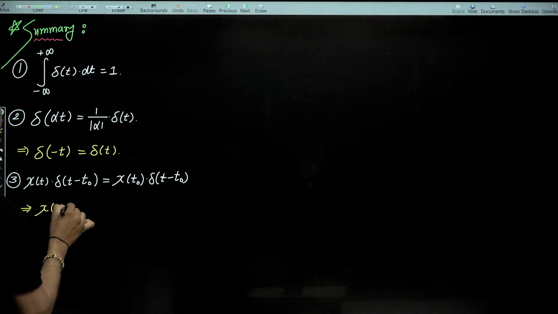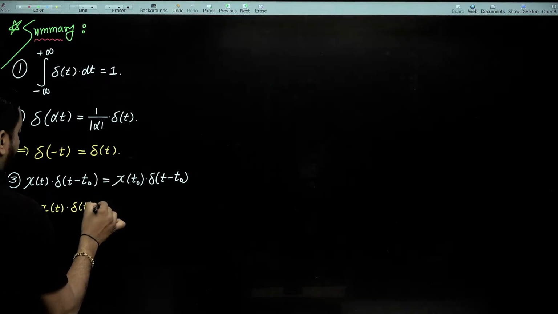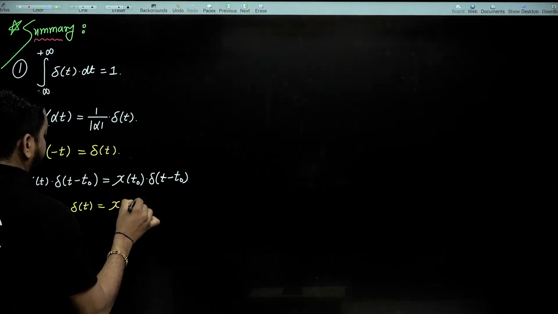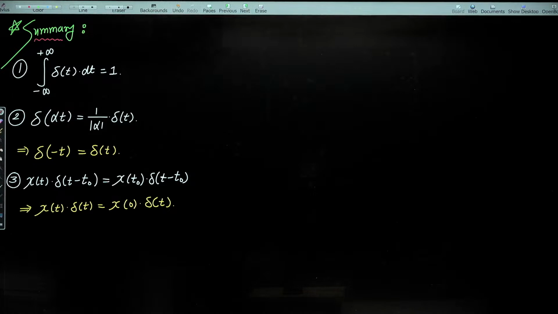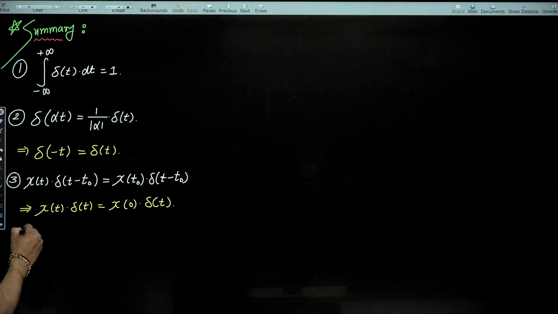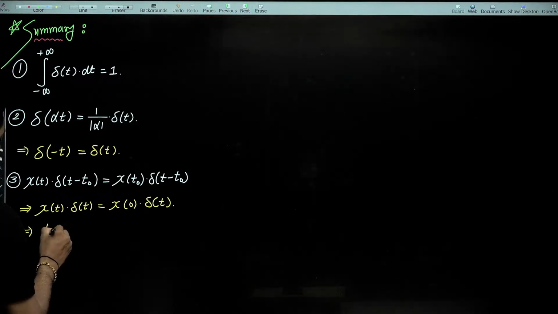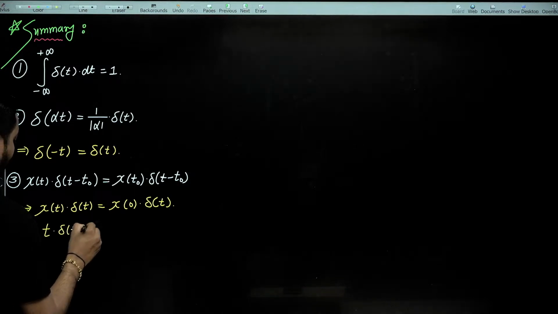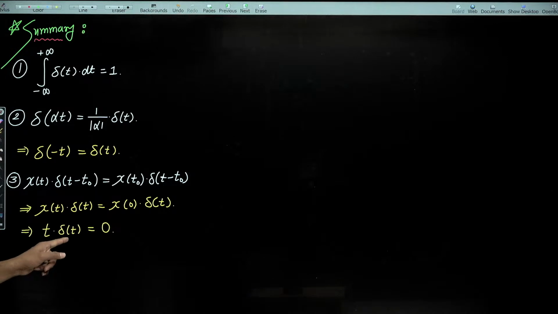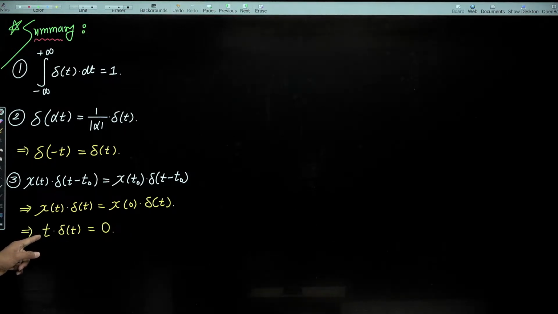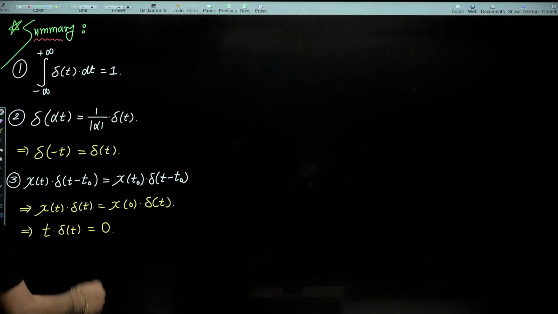If t naught is 0, that is x of t into del t, which is equal to x of 0 into del t, guys. Clear? Okay, this is the first result. Second result we got: t into del t, which is nothing but 0, correct? Because here t naught equal to 0, and the answer is 0, guys.